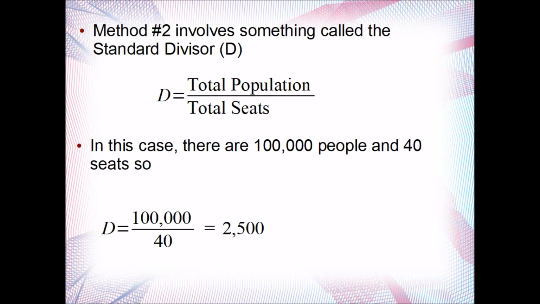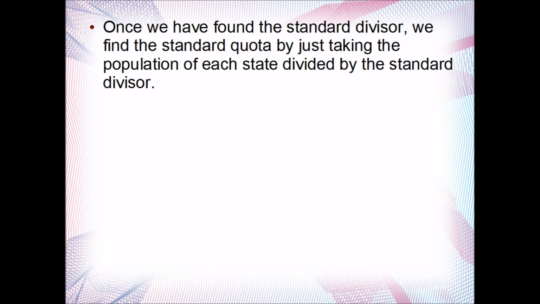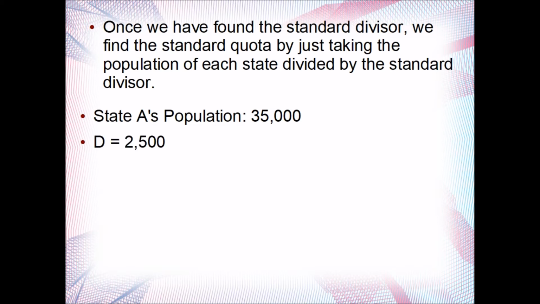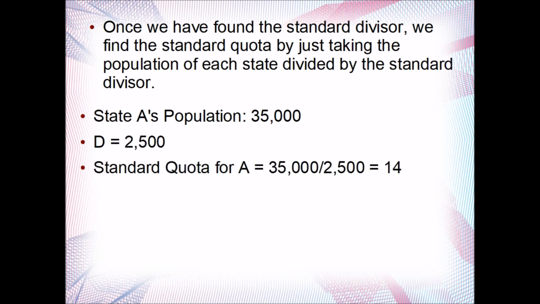Cool, it's easy to calculate, but what do we need it for? Well, once we've found the standard divisor, we can find the standard quota by taking the population of each state divided by the standard divisor. State A's population is 35,000, and the standard divisor was 2,500. So we take 35,000 divided by 2,500 and get 14, which is the same answer we got last time.